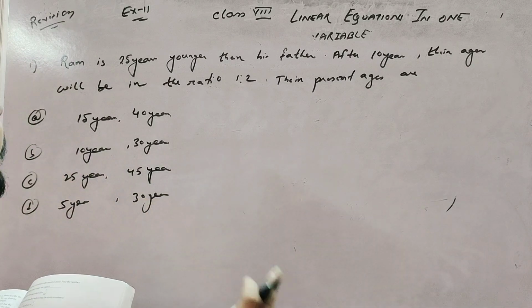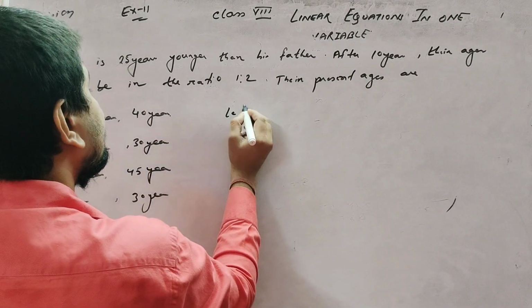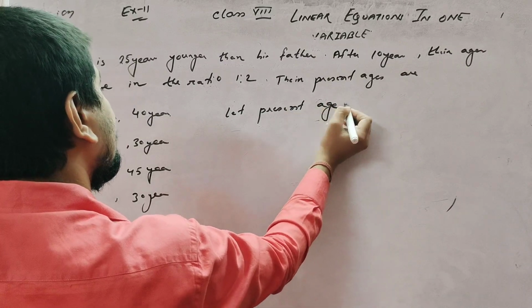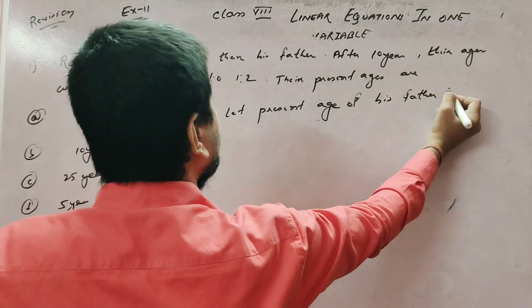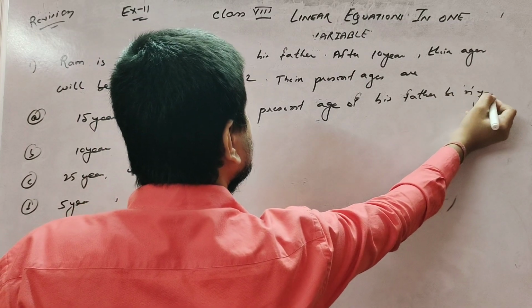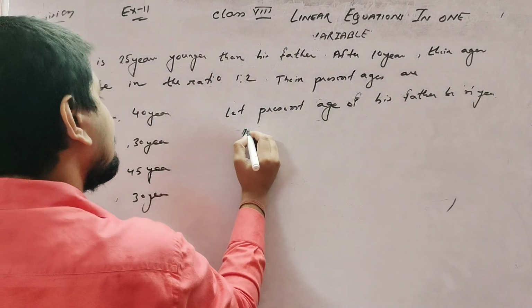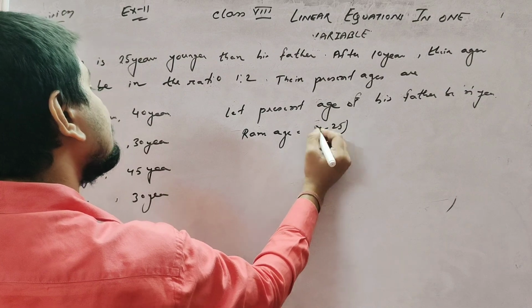Ram is 25 years younger than his father. So let the present age of his father be x years. Ram is 25 younger. That means Ram's age equals x minus 25 years.